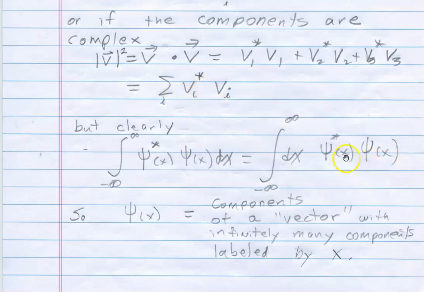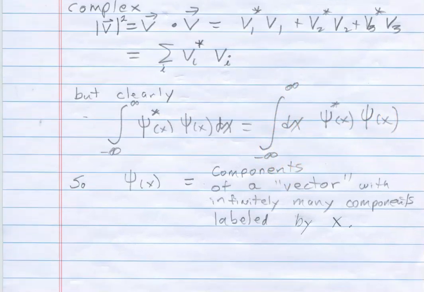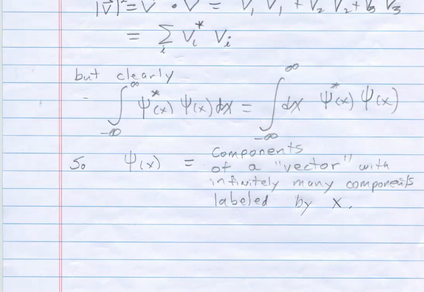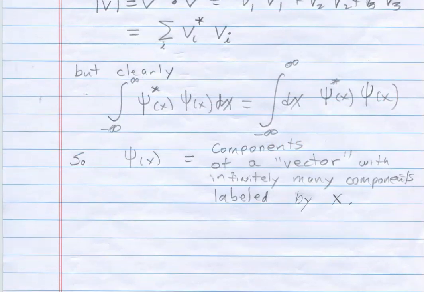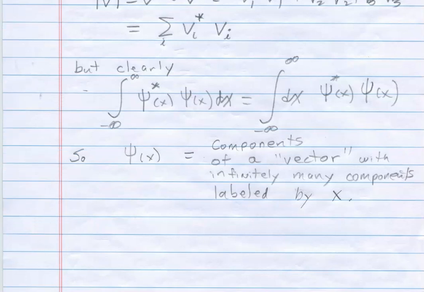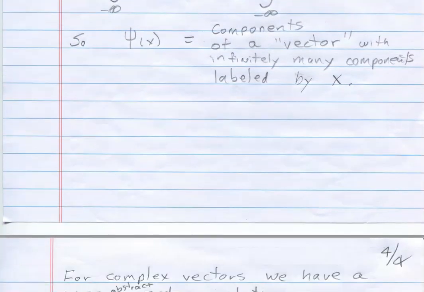Well, here x labels the component, psi is the value. I take the complex conjugate of it, multiply it together, and then this sum is a continuous sum, so it's the integral over all of it. So these psi of x's we could generally think of as components of a vector with infinitely many components, which extends over to things like the dot product and other things.